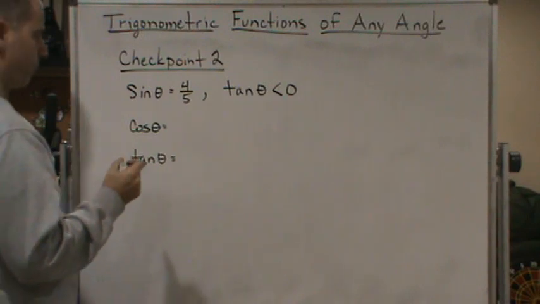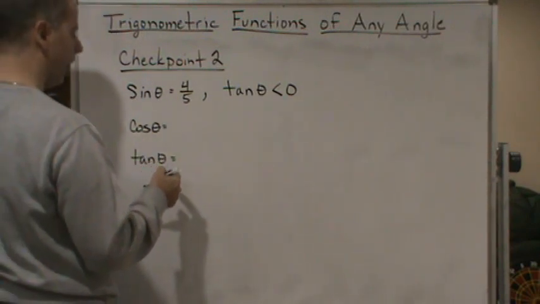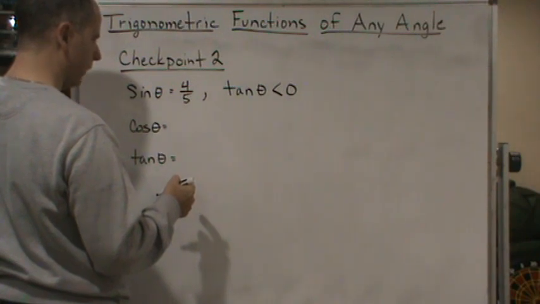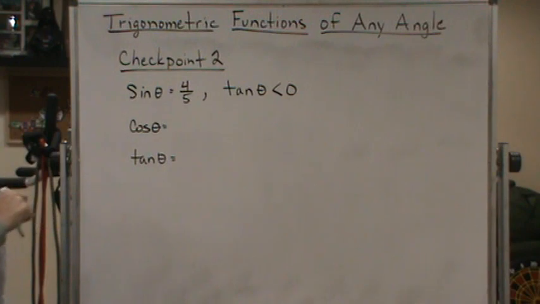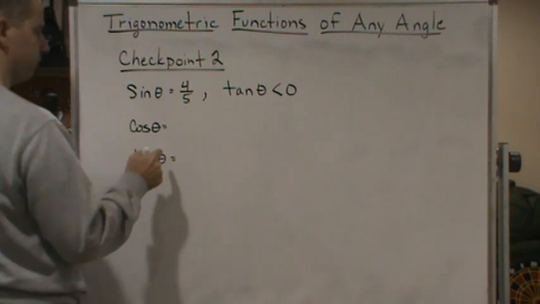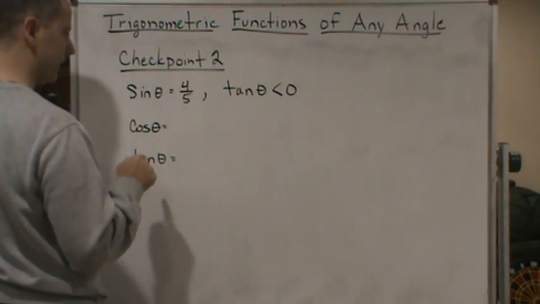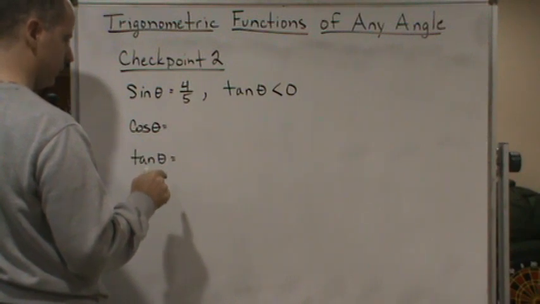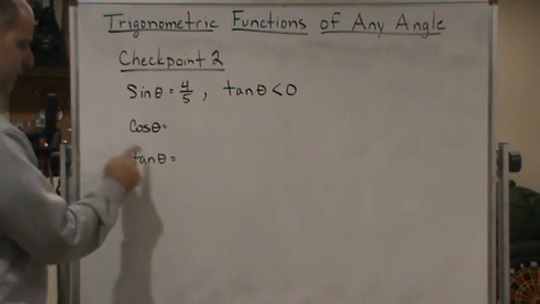So how does it help us? It helps us because we know the sign of x and y. R is always positive, and we know we're in the second quadrant, and that'll give us the signs of these two.